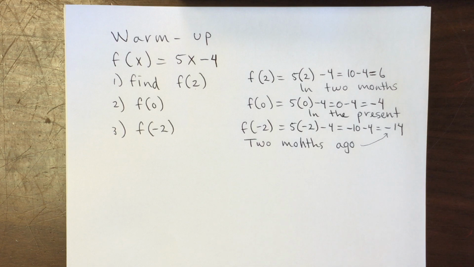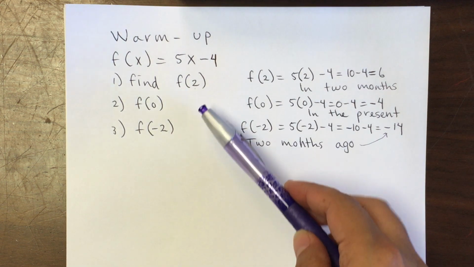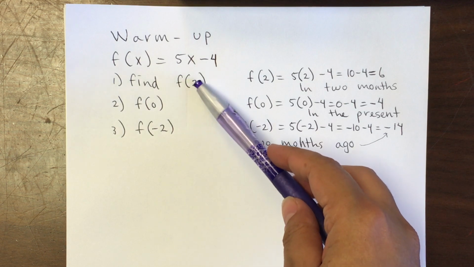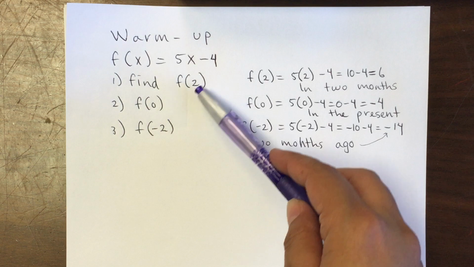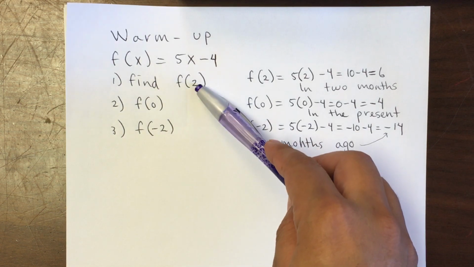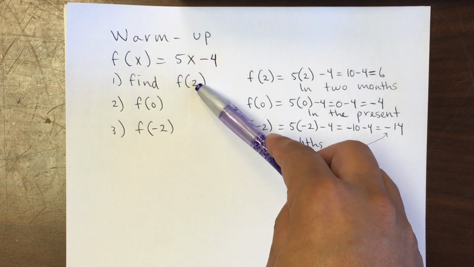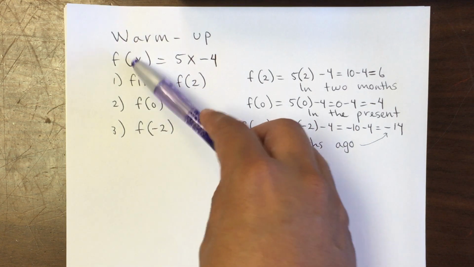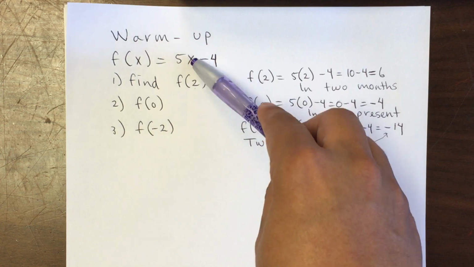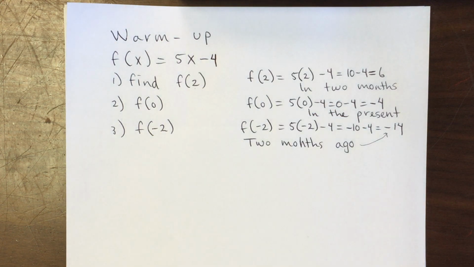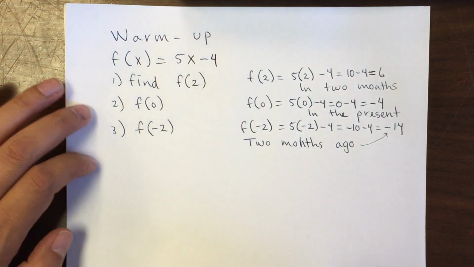So that's what it would mean. I want you to notice that when I have this new input, I'm replacing that in the x in here and also in the x in here. So that's very important, because that's going to be handy for this lesson.